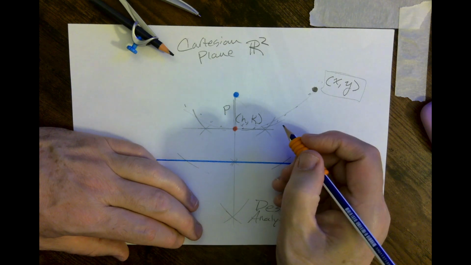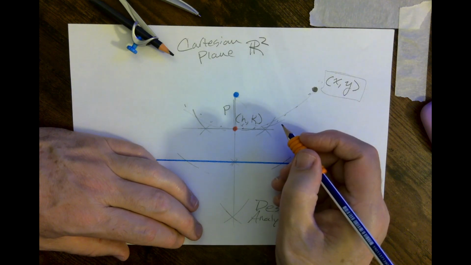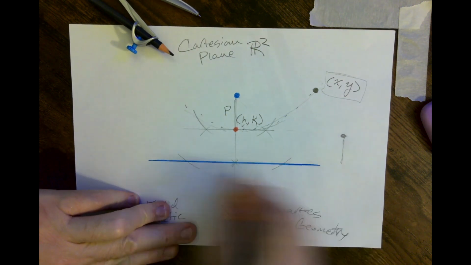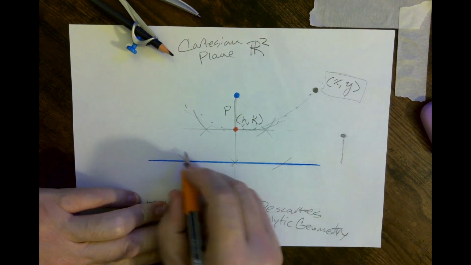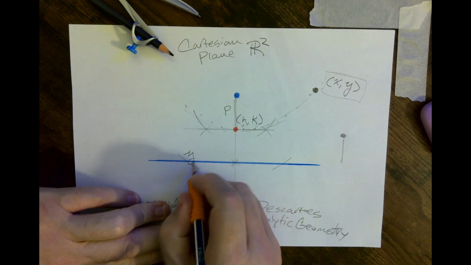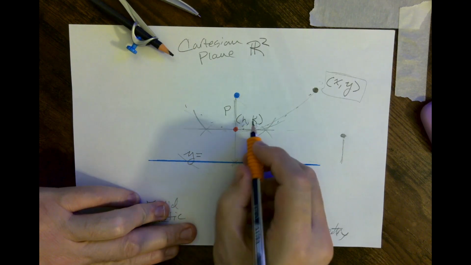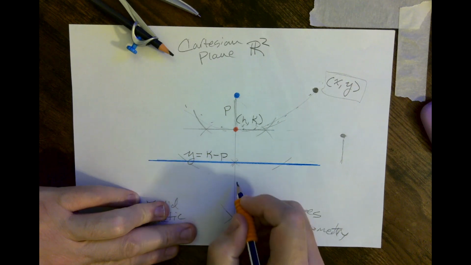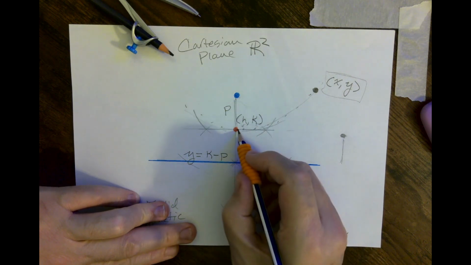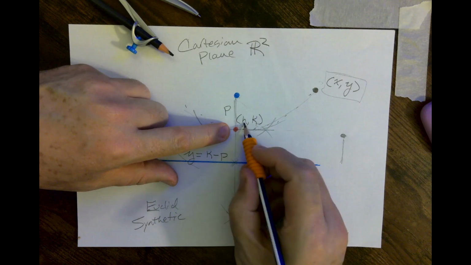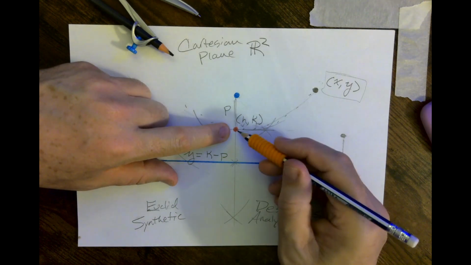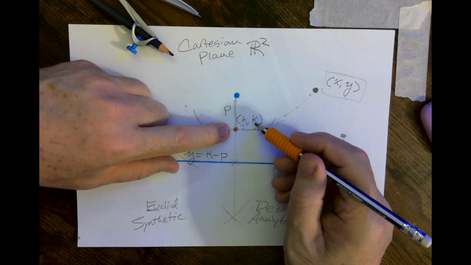Let's call it P. That would make this line right here y equals k minus p. Because here we have the vertex, hk, so its y-coordinate is k.